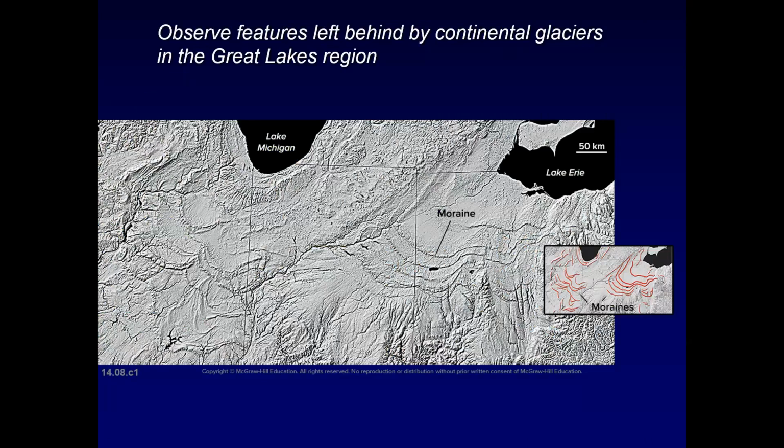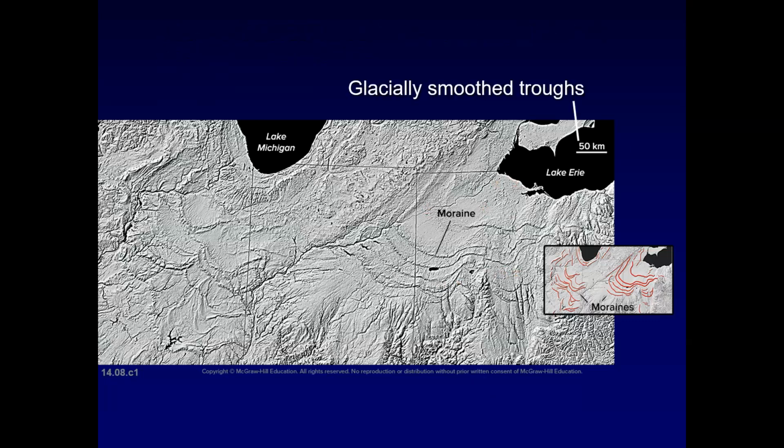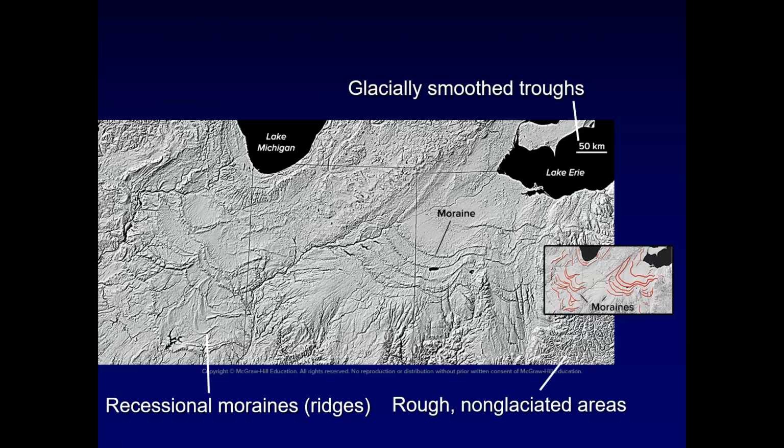And zooming in on what we looked at in earlier slides, these ridges are moraines. These features were left behind by the continental glaciers. And glacially smooth troughs, recessional moraines. And then rough, non-glaciated areas. Because like I said, the ice wasn't everywhere.